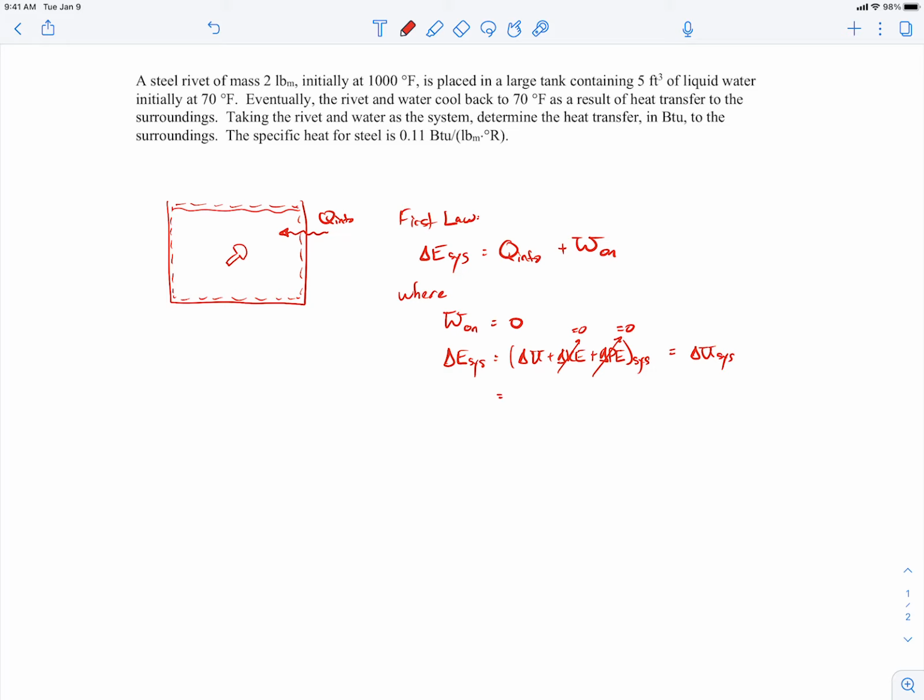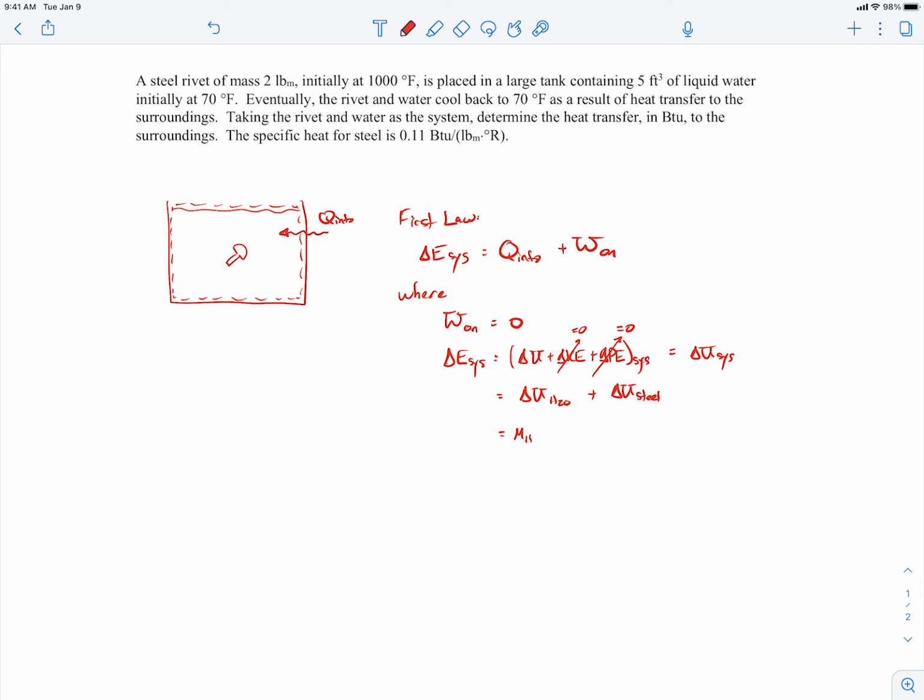Now the system consists of the water and the steel rivet. So I'll break up the change in internal energy of the system into both of those components. And I'll further go on to say that the change in internal energy of the water, I'm going to assume that it's an incompressible substance with a constant specific heat.